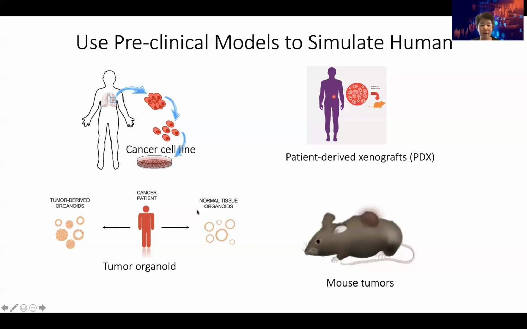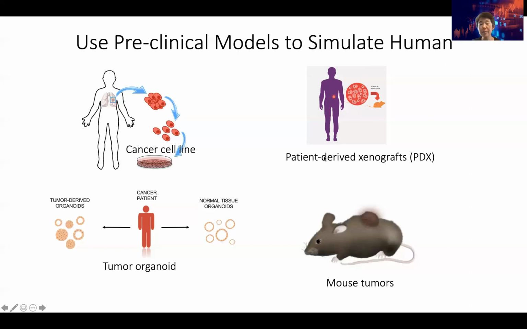So these are models. Another one is a patient-derived xenograft. This is initially from the patient tumor: you take out the tumor, chop it up into smaller pieces, and then implant them in mice. These are not wild-type mice. They are often nude mice, which means that they're immune compromised, and that's how the tumor can grow in the mice.